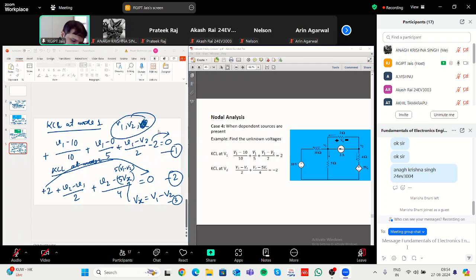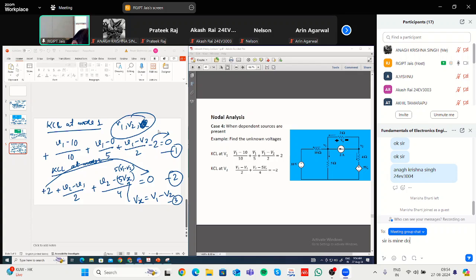So I have given the attendance for Akash, Anag, Apurva, Arin, Devanshu, Forsame, Manisha, Nelson, Pothigari, Rajveer, Shashi Sekhar Mishra, Shreya Yadav, Tamarapu, Akhil, Pratik Raj, Shashi Kamal, Yasvardhan, and Vishnu.